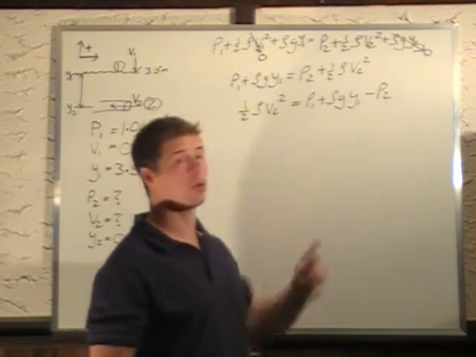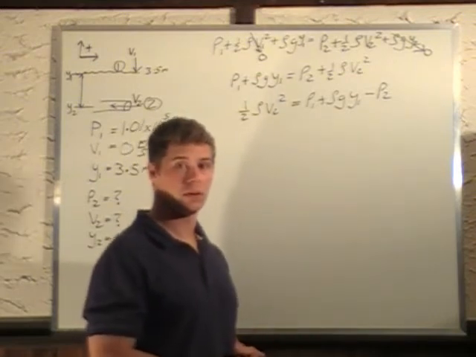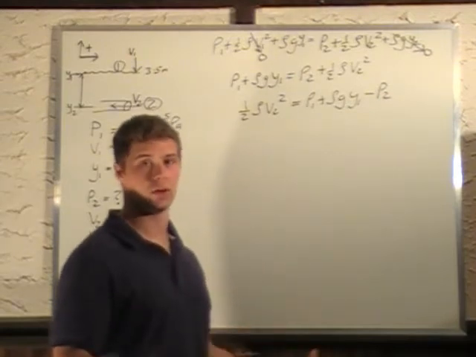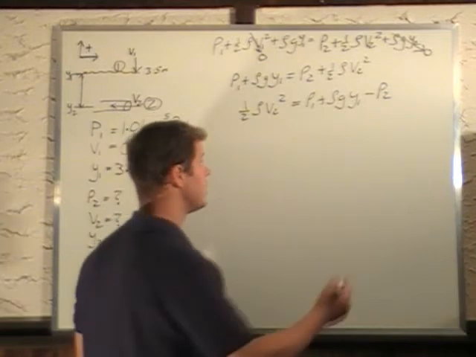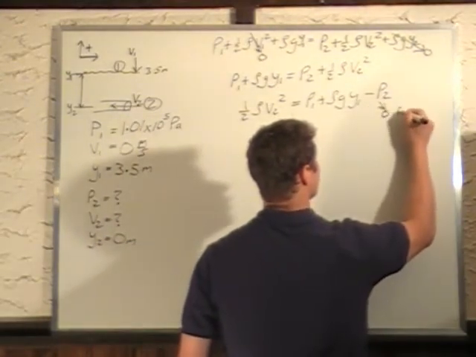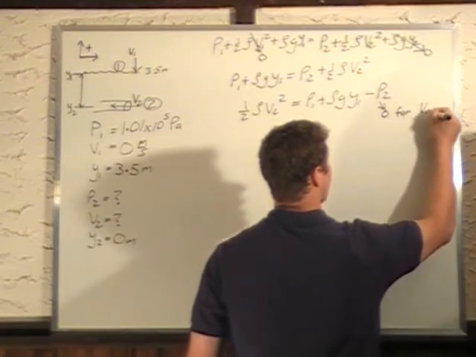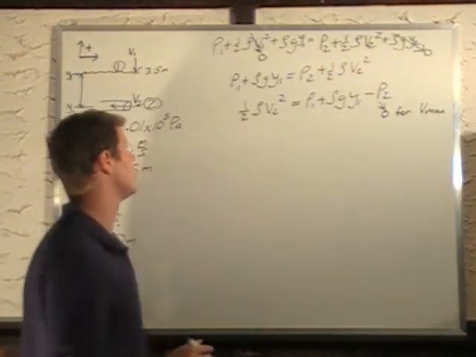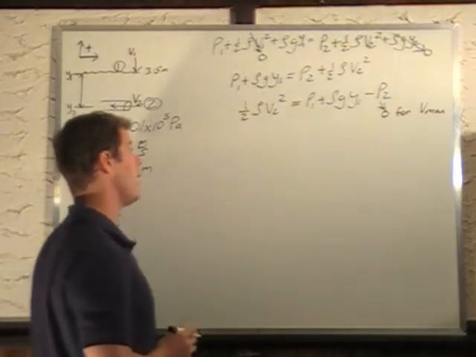So since P2 can only be a positive value from 0 above, we want it to be the lowest it can be, 0 for a maximum. So P2 is 0 for Vmax.